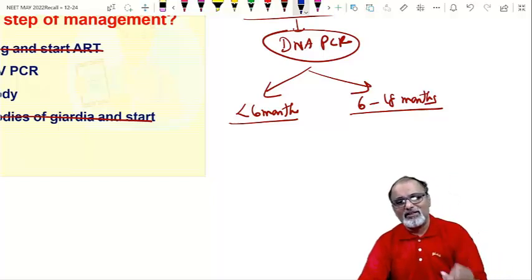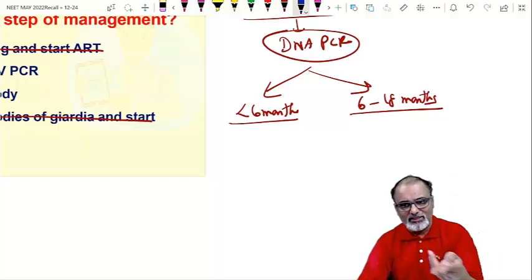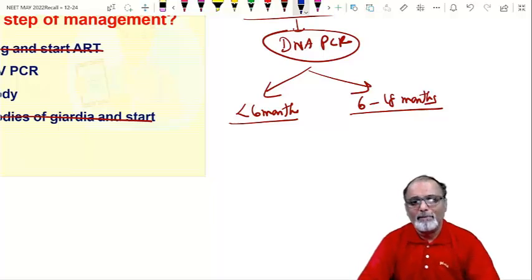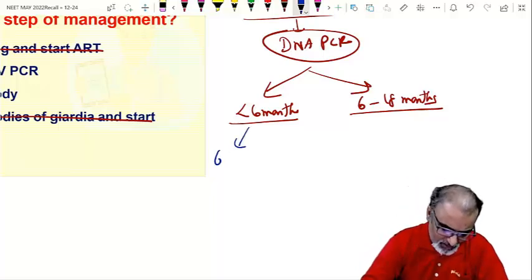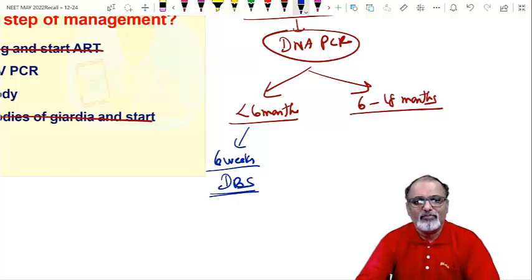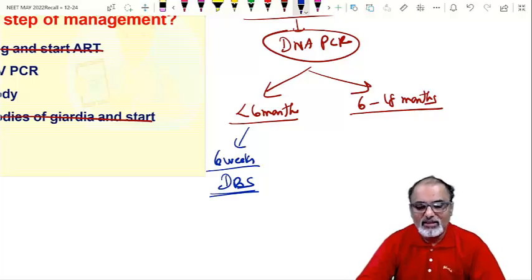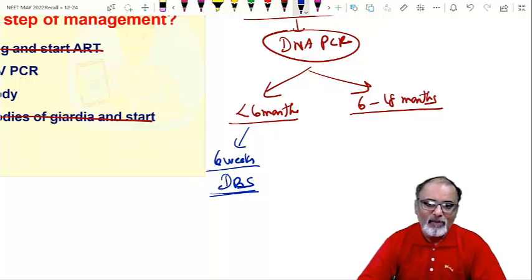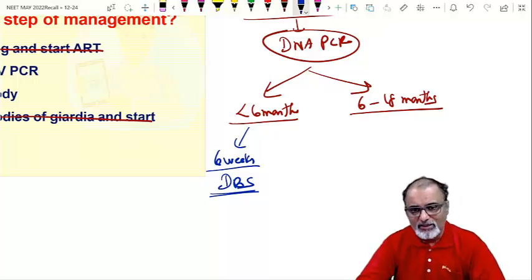We have filter paper, we make a puncture and we take the blood spot in the circle. So at 6 weeks, do the DBS. If it is positive, send one more sample, plasma. If that also is positive, start treatment.